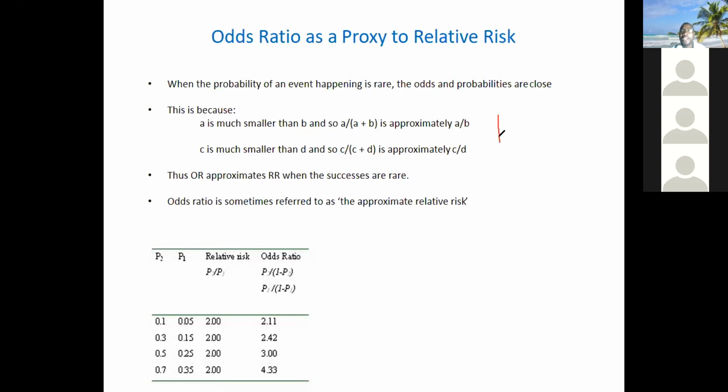What do you mean by A, B, C, D? This is A plus B. The total here is A plus B. This is C plus D. That's the total.